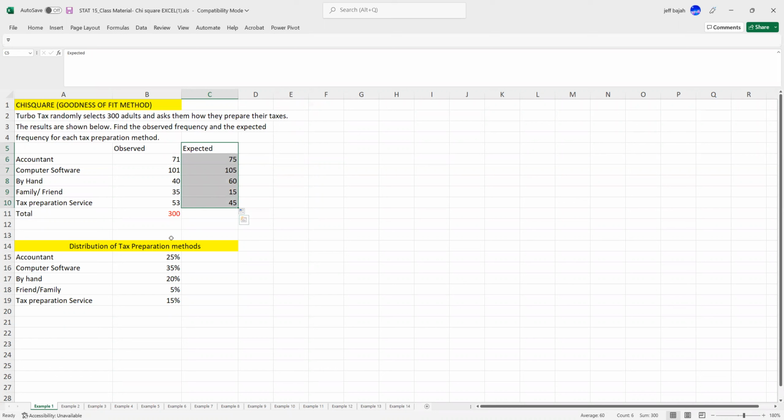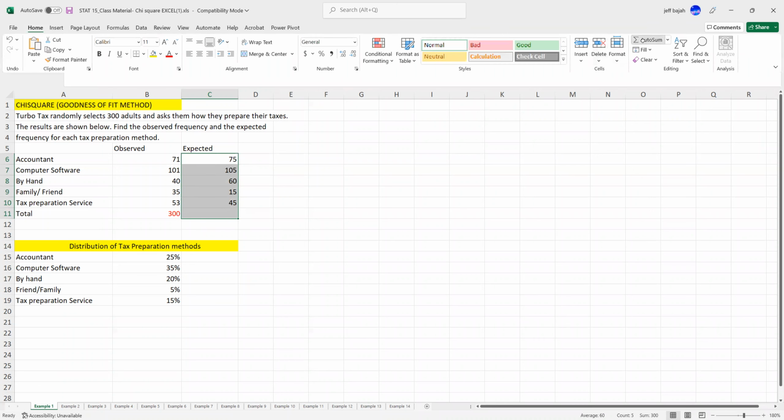What that means is you are supposed to have 75 people out of 300 say they use an accountant, 105 say they use the software, 60 say they did it by hand, 15 say they use family and friends, and 45 say they use a tax preparatory service. If you add this up, it would give you 300.